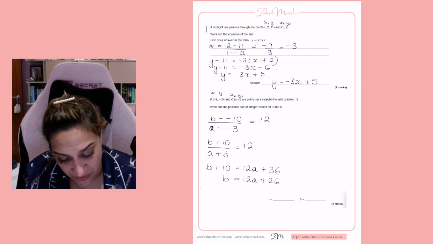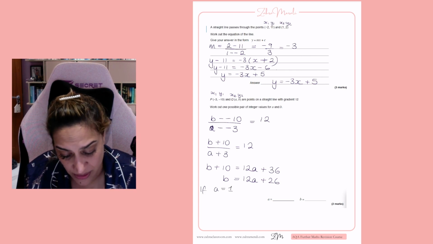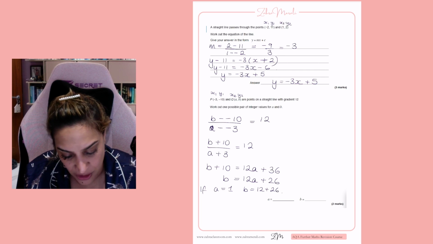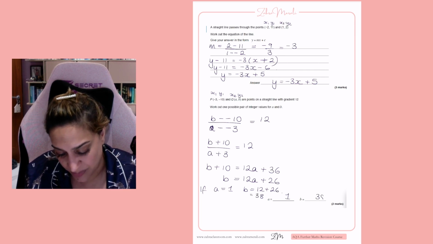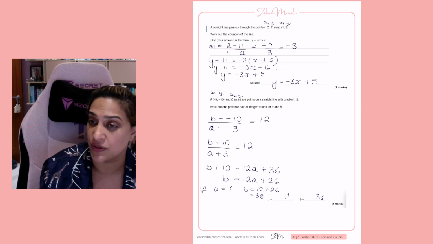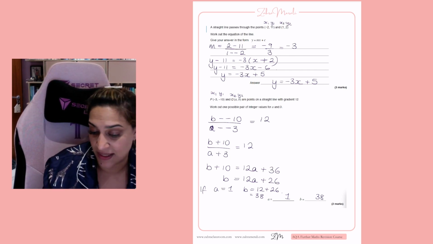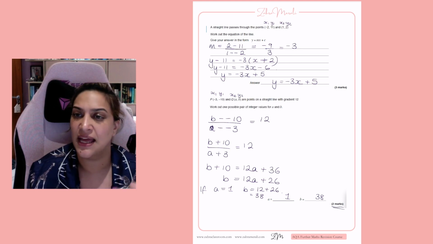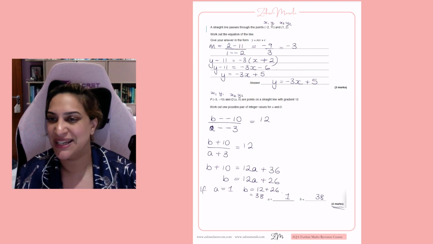I'm going to say if a is 1, it's probably the easiest one. B is going to be 12 times 1, 12 plus 26, which is 38. So here's an example. You could have chosen 0 and you'd have got 0 and 26, or anything like that. It's only 2 marks, even if they've left us a lot of space, but that's all we need to do there.